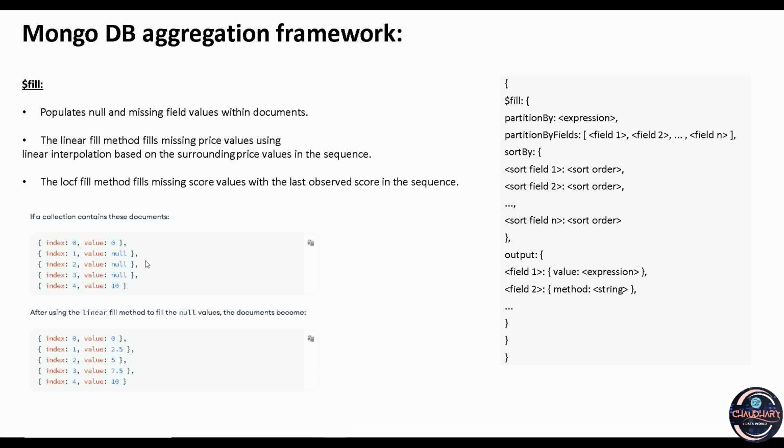So for index 1 the value would have become 0. Why 0? Because the previous one is 0. Again for index 2, since the previous one is 0, it will also contain 0. Index 3 would also contain 0, and index 4 would contain 10. So this is how locf works, and this is how linear works.